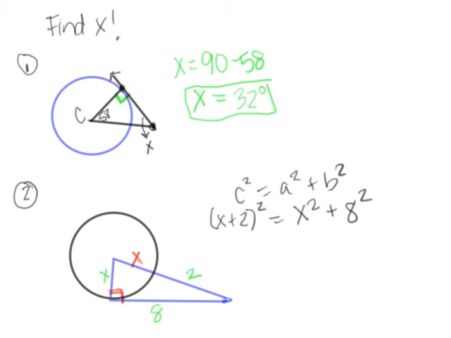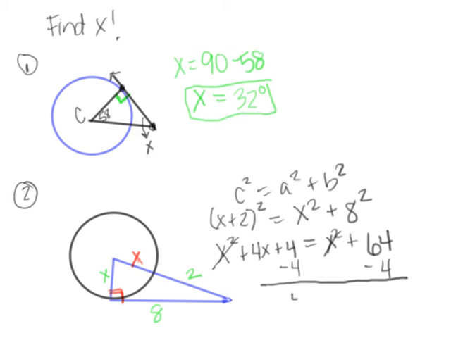So (x plus 2) all squared, I should get x squared plus 2x and 2x for my inner and outer pieces, so that'll give me 4x plus 4 for the last part, should equal x squared plus 64. If I subtract x squared from both sides, they will make 0, leaving me just with 4x plus 4 equals 64. Let's subtract 4 from both sides, and I have 4x equaling 60, thus x equals 15.